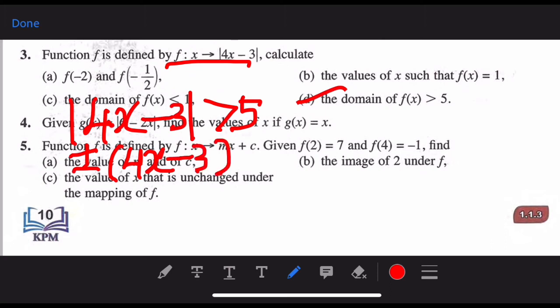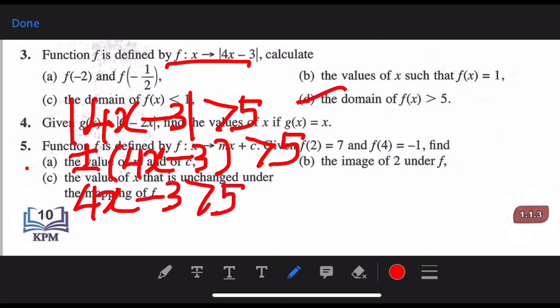Remember, modulus means positive and negative value. So the plus minus should be at the left hand side. You cannot put it at the positive and -5 because this is not an equation. So when it is positive, you take the positive one and solve for 4x more than 8, so x more than 2.